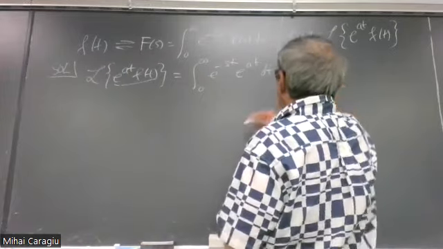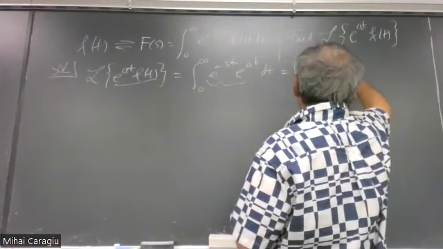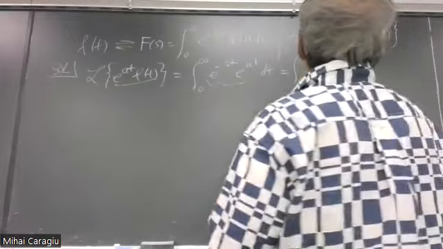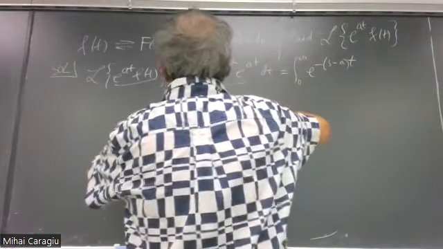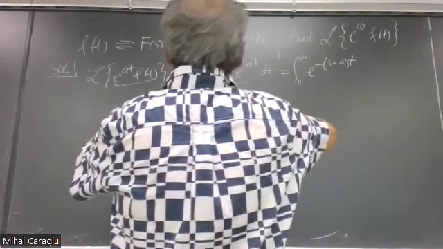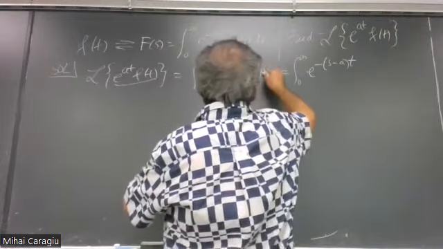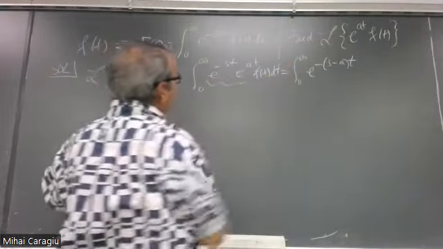Let's combine those two exponentials into one: e to the power minus quantity s minus a times t. Sorry, I forgot to put f of t here, because we want the transform of e to the power a t f of t.